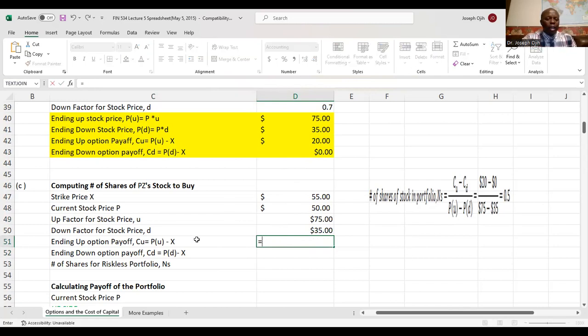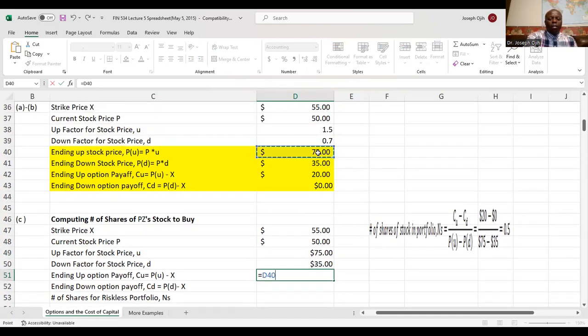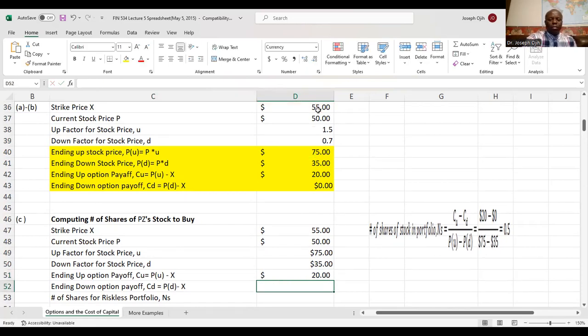Just do ending up option payoff is PU minus X, the strike price, which is the same thing we have here. So I can just put this one here. Then ending down option payoff, we have it here as 0. So I'm going to put it right here as 0.